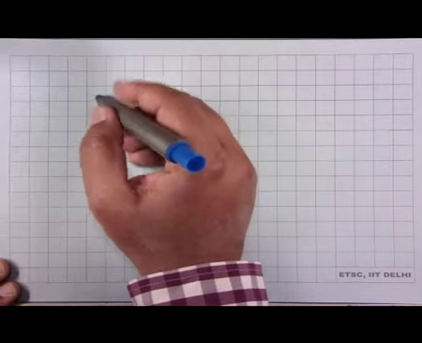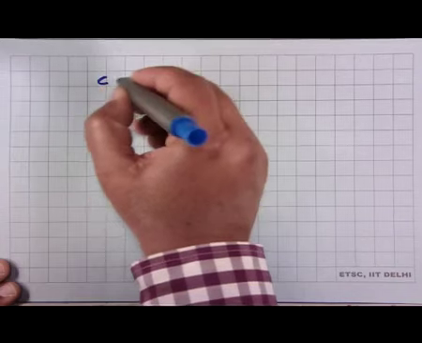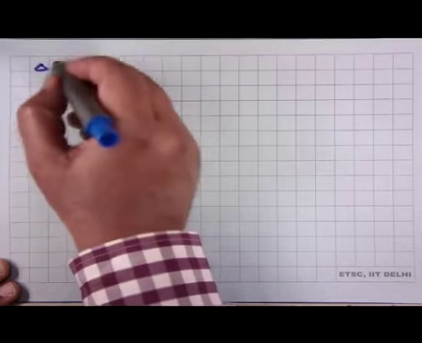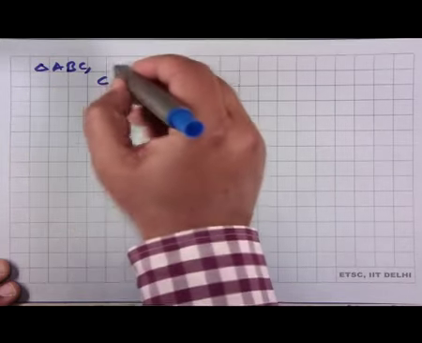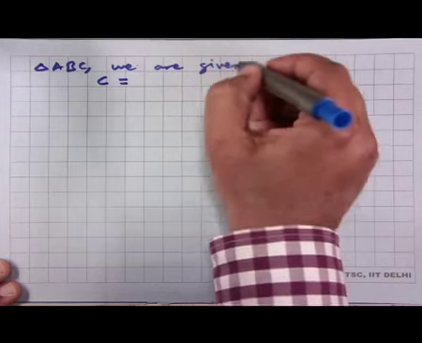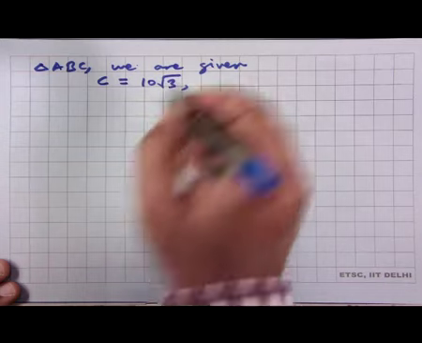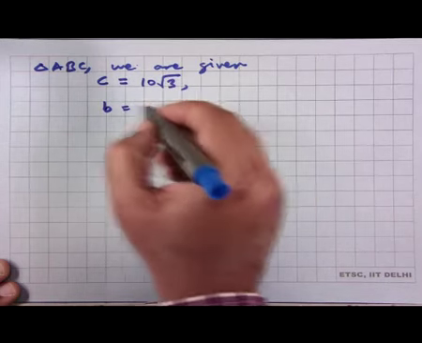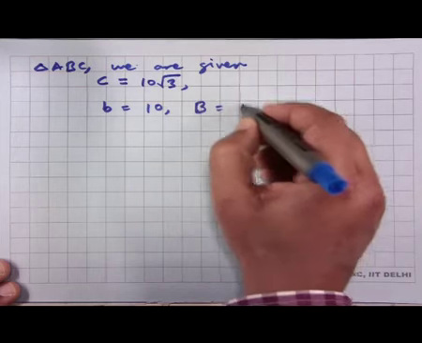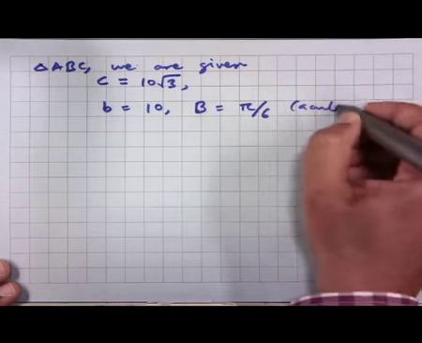So, suppose that we are given the lengths in a triangle ABC. We are given c equal to 10 times root 3, b equal to 10 units, and let us say angle B is equal to 30 degrees or pi by 6, which of course is acute.